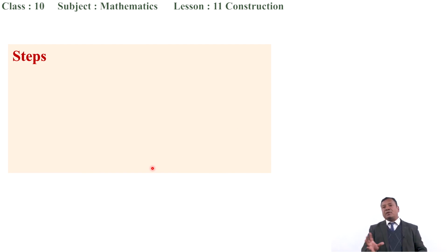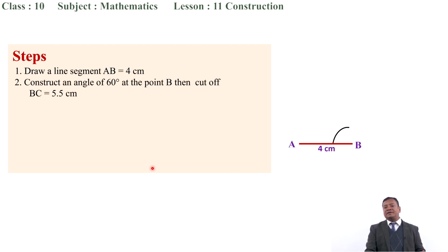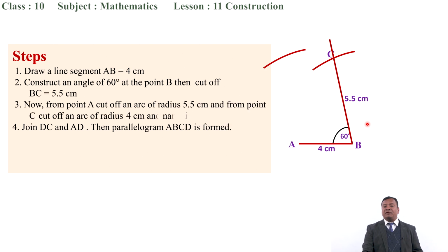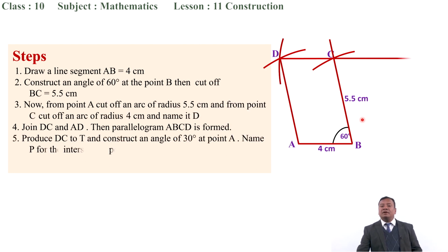Okay, and the next, once again, how to construct the first parallelogram, and then how to construct the next parallelogram. About this, once revise. Okay, first of all, what we have done: first we have drawn a line segment AB and then made a 60 degree angle at B, and then we cut this BC 5.5 according to the given question, right? And then from A 5.5 and from C we cut 4 centimeter and one parallelogram is formed.